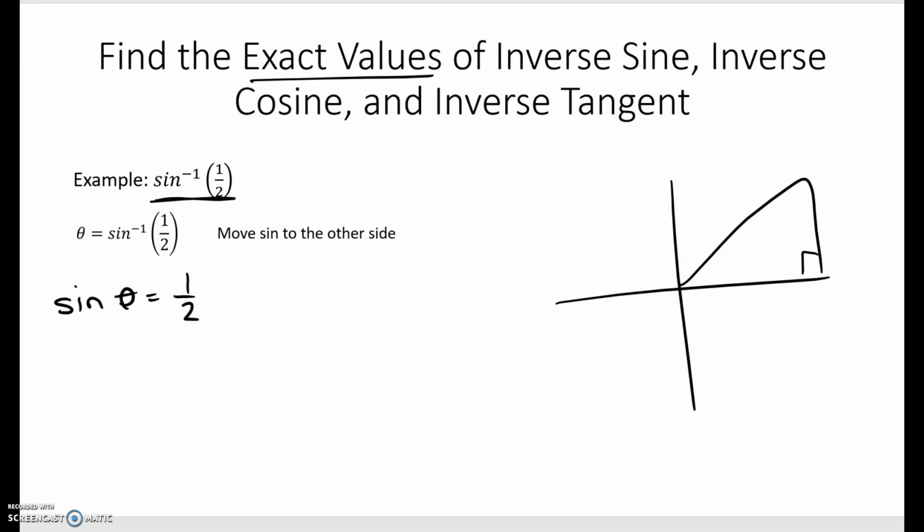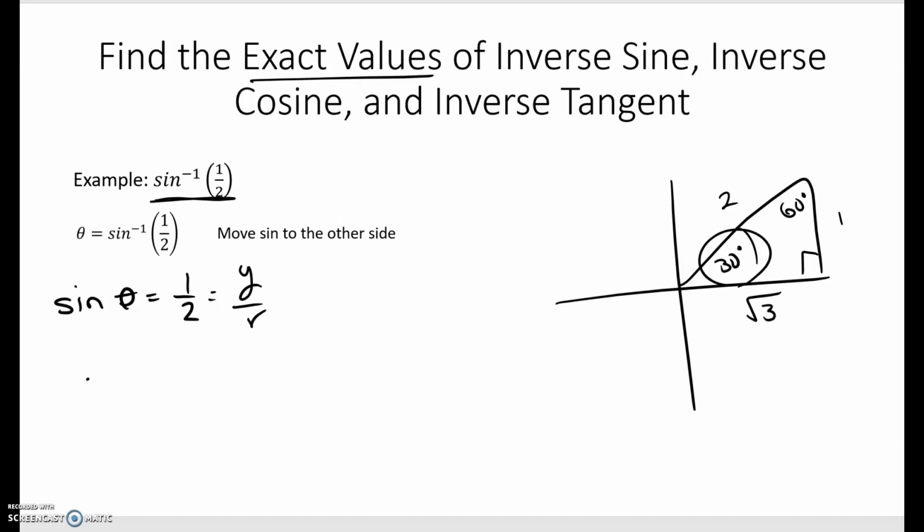Okay, now we know that sine is y over r, so this is 1, this is 2, this has got to be the square root of 3. This is going back to our special angles. So this has got to be 30, that's 90, and this is 60. So the angle that we are looking for is this one right here.